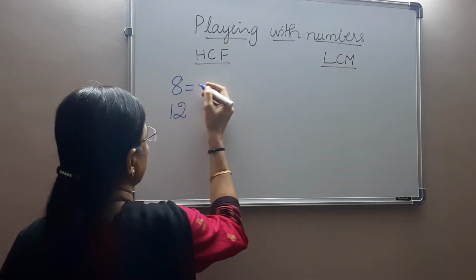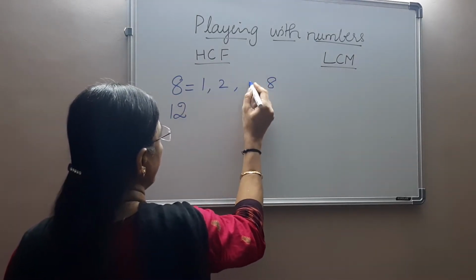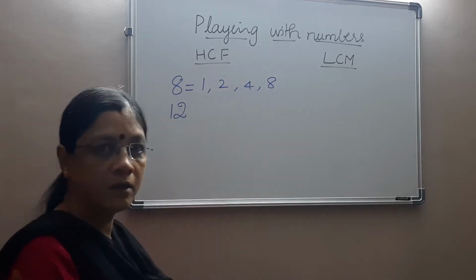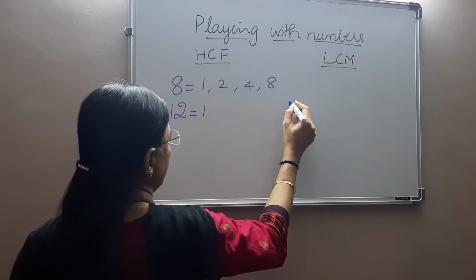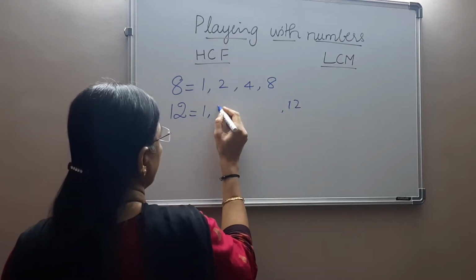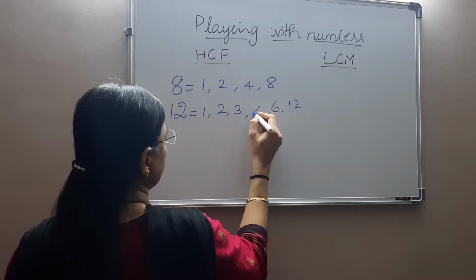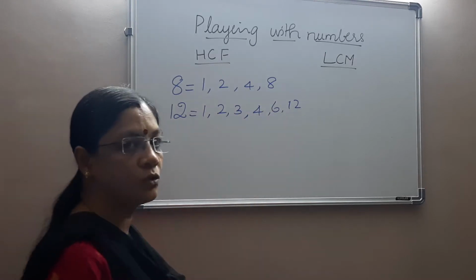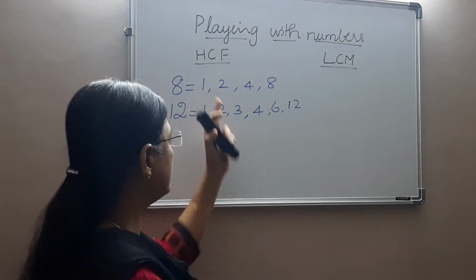Okay, see, for 8 it is 1 and 8, 2 and 4. So these are the factors now. For 12 it is 1 and 12, 2 and 6, 2 sixes are 12, 3 and 4, isn't it? So these are the factors I have listed for the two numbers.